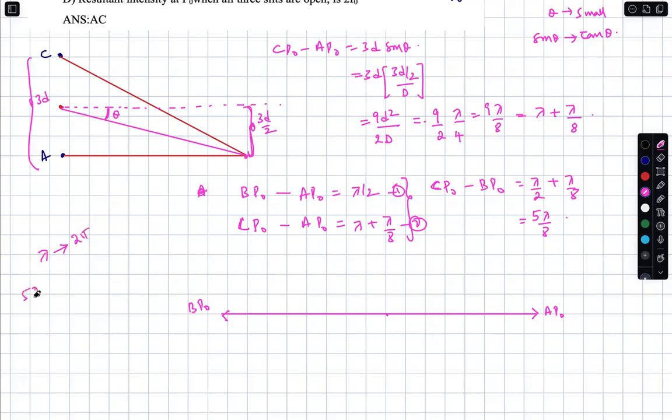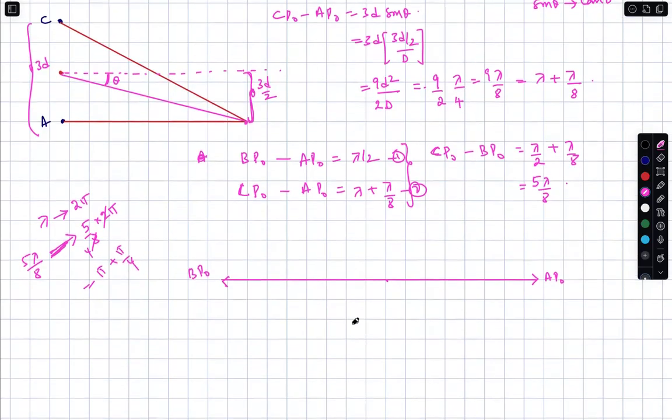Now tell me, what is 5 lambda by 8? The equivalent phase is 5 by 8 times 2 pi, which is 5 pi by 4. It is 5 pi by 4, which means literally this is nothing but pi plus pi by 4.